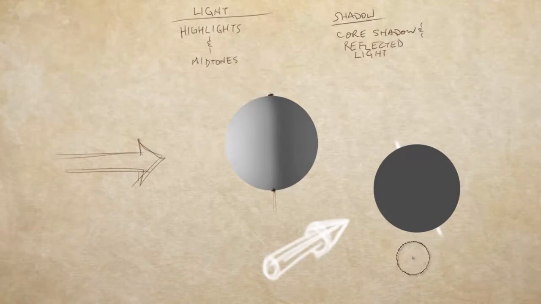And the separation between light and shadow is probably going to be something more like that. So I'm going to start in the sphere and always start at the lightest part and then move out.